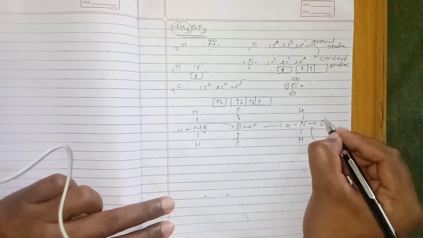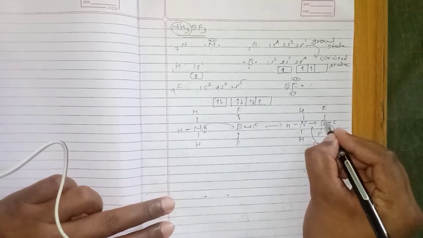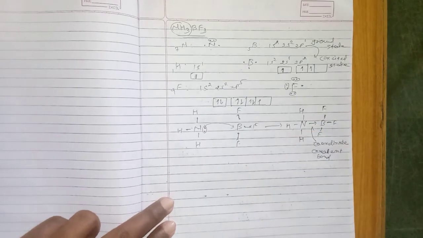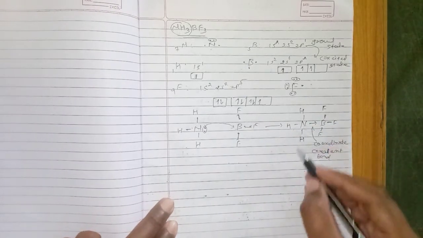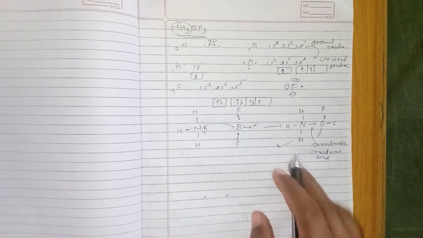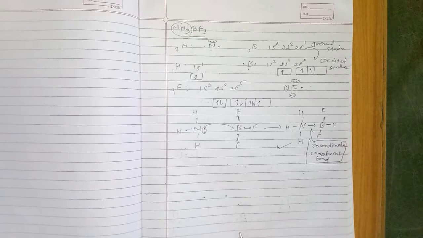This is another example of a coordinate covalent bond.